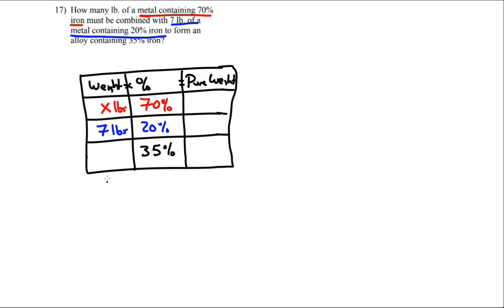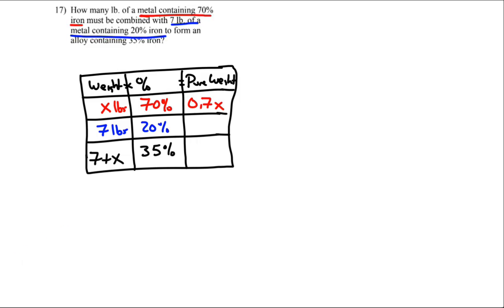And so now we can add and multiply. If we have X pounds added to 7 pounds, that's going to be 7 plus X pounds. If we have X pounds times a 70% solution, or 70% of iron, that's going to be 0.7x if I just multiply over.